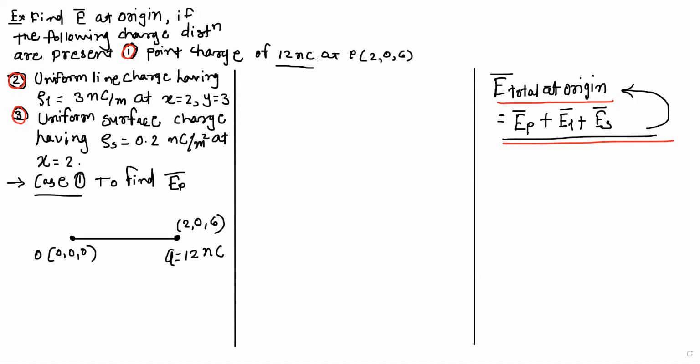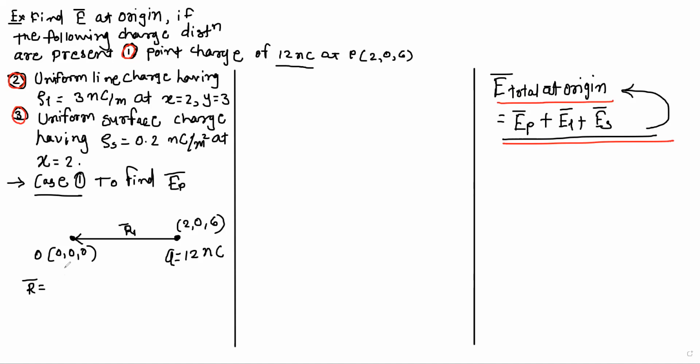So let us find the vector first, because we know that while finding electric field intensity, you must know the vector. Let me write this as R1 bar. Can anyone tell?